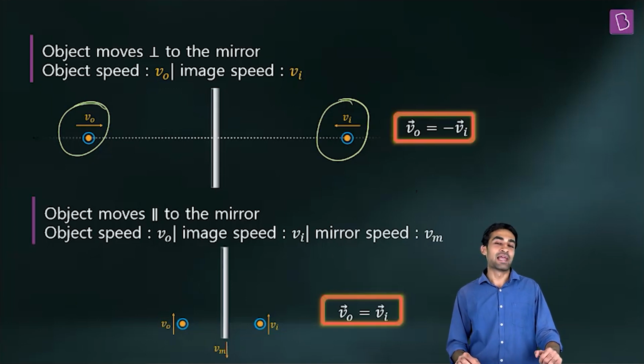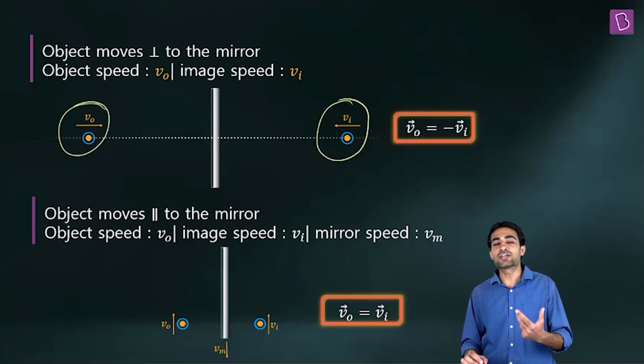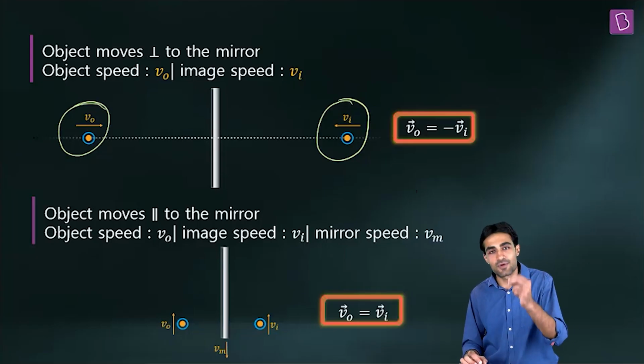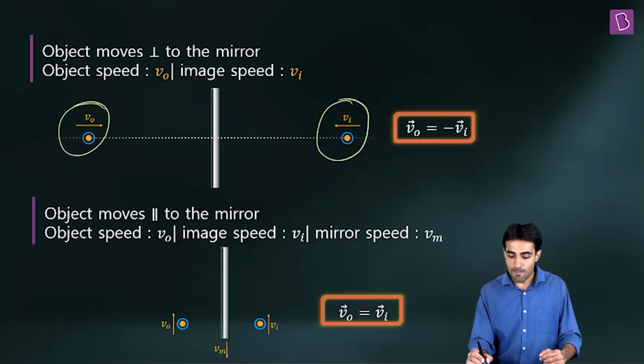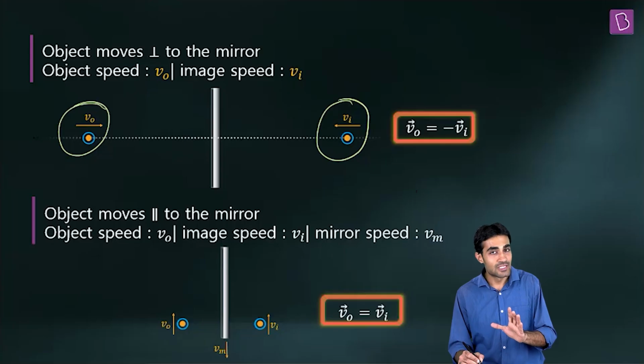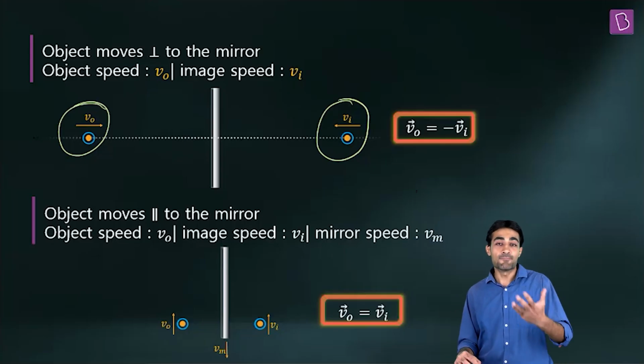The speed of the object is equal to the speed of the image, but the direction of the velocity is reversed. So v0 vector is equal to minus vi vector. This is what happens when the object moves perpendicular to the mirror, right?